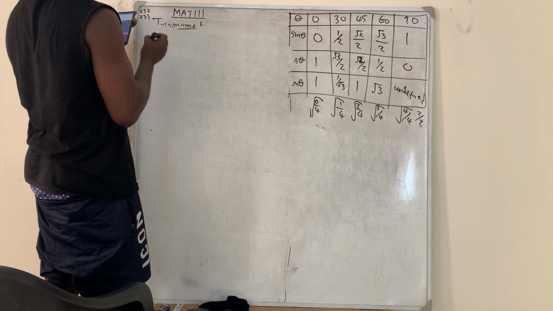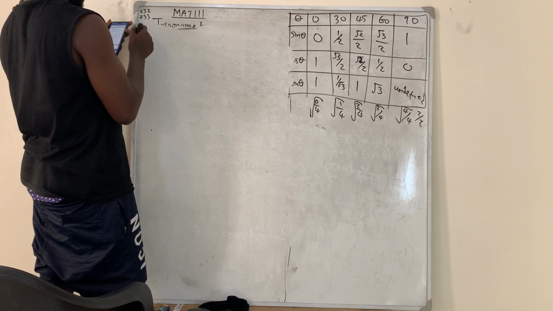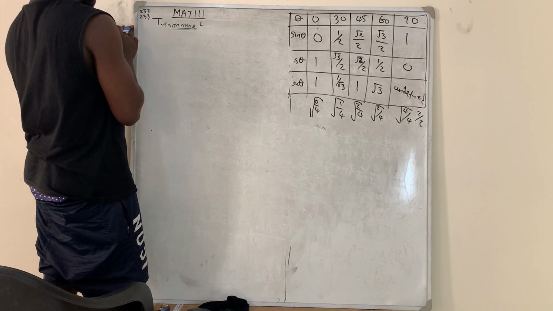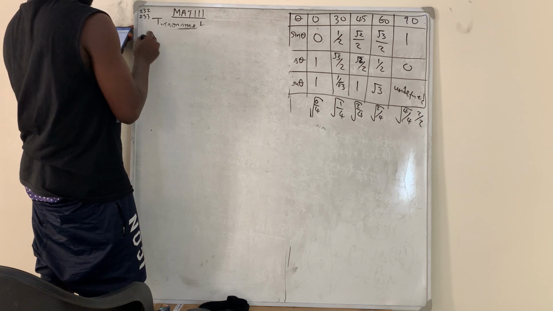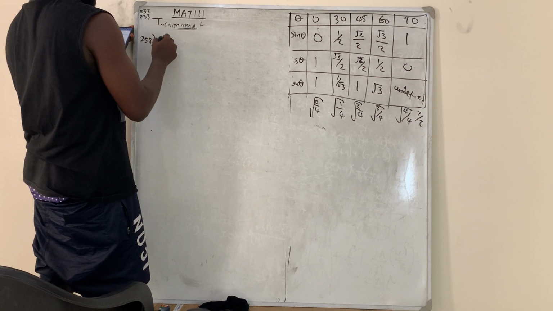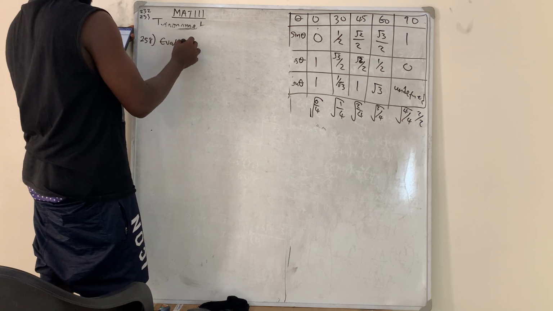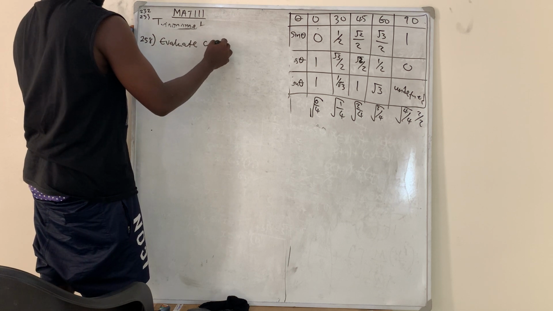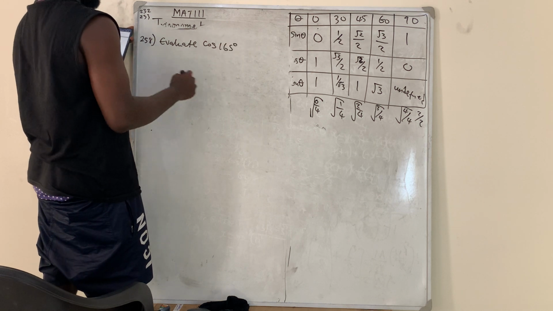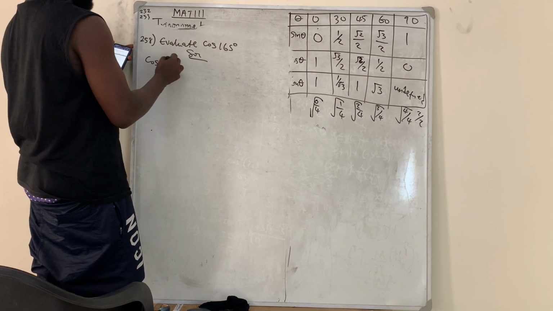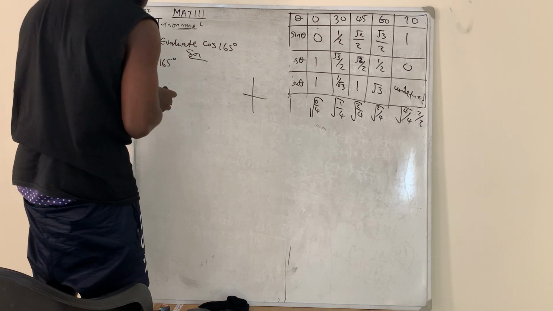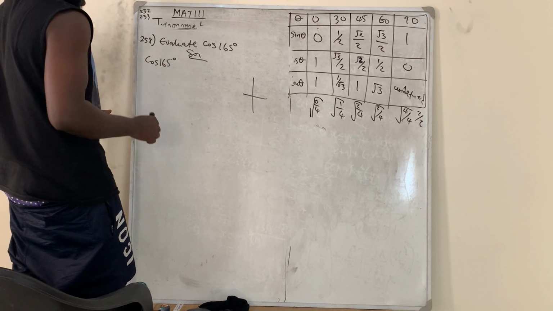All right. So the next question, question number 25, said evaluate cos 165 degrees. All right, solution. Now cos 165 degrees, 165 is in what quadrant?